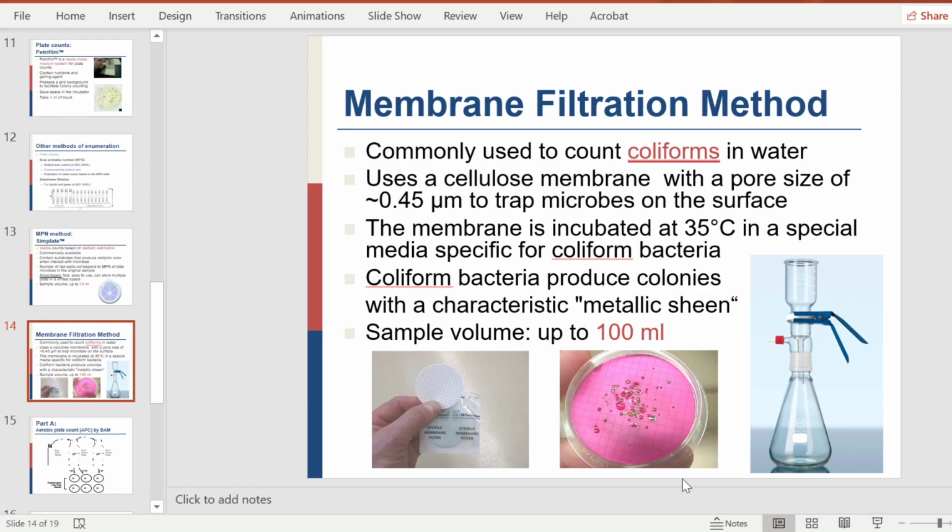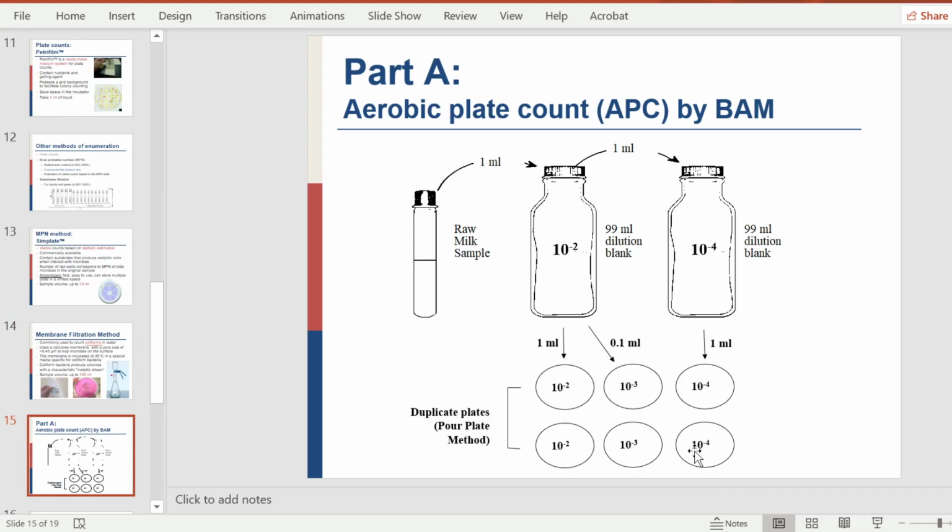The microbes will not be able to pass through, but as the water passes through, the microbes will be trapped onto the surface of that cellulose membrane. And then once you incubate that, you'll be able to see, because of the different substrates, the coliforms, and they'll have a characteristic metallic sheen. Okay, so this is specifically for water, and that's up to about 100 milliliters for that method, okay?